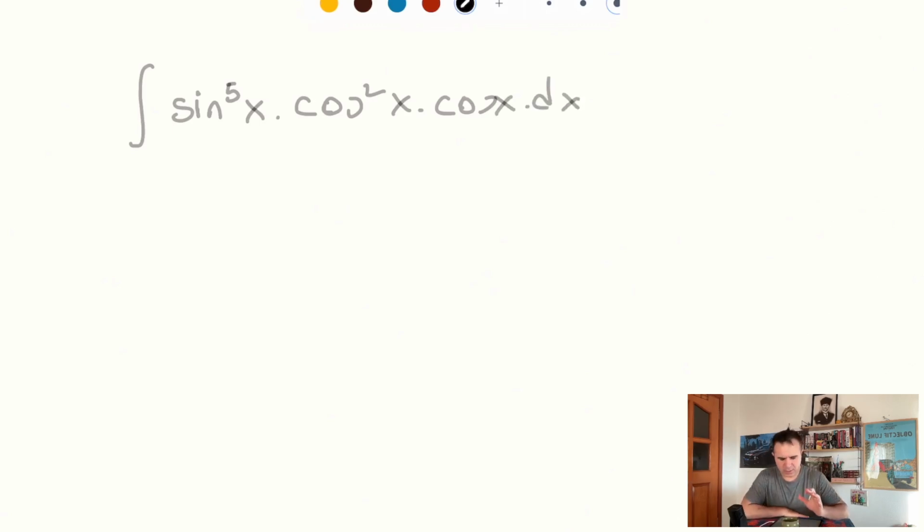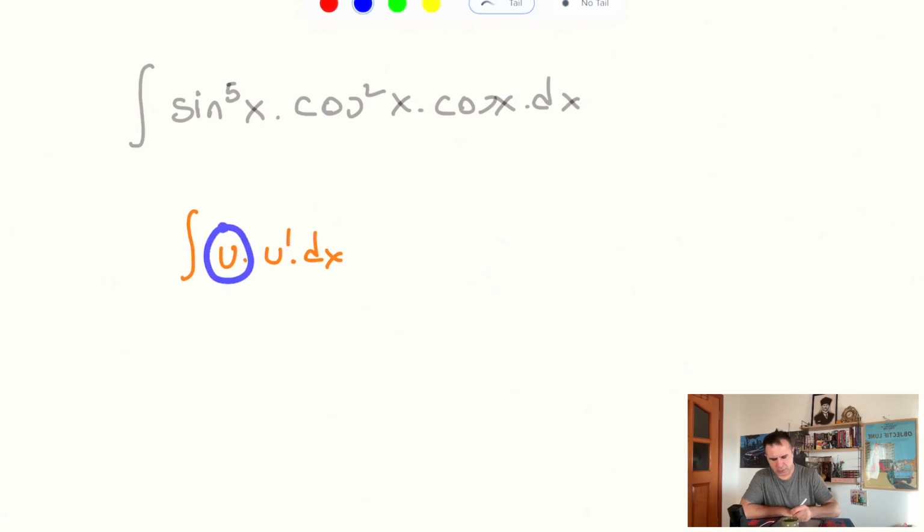If we have a function in an integral, such as the function may be u, and if we have its derivative multiplied by dx, we use substitution. And here the u is not important.